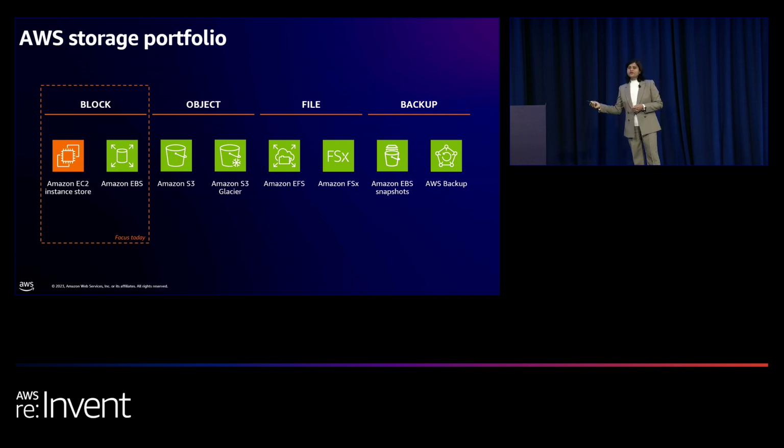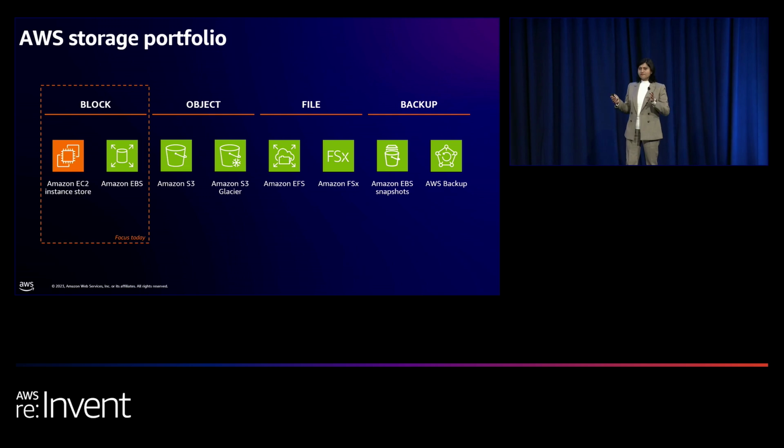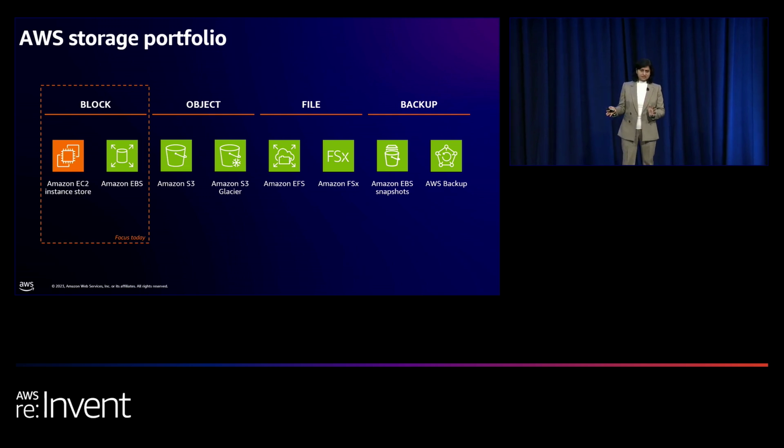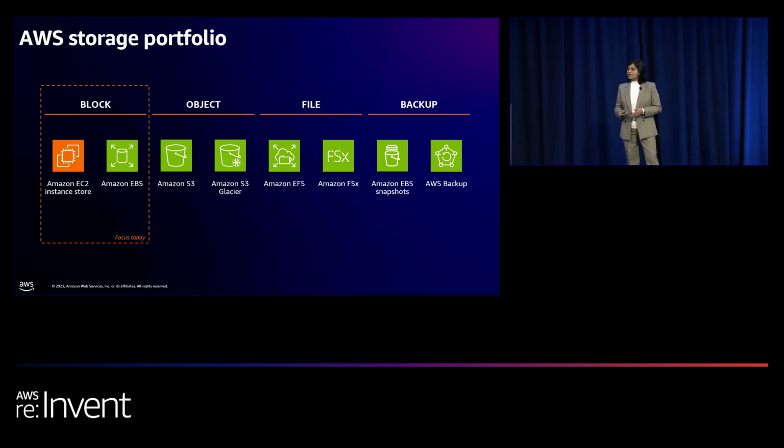Similarly, if you have the data in the object format, where, generally speaking, you have lots and lots of dense data, that's when Amazon S3 type of storage will work for you. And if your workload is working in a hierarchical file format, that's when Amazon EFS, which is Elastic File System, or FSx will be the right choice for you.